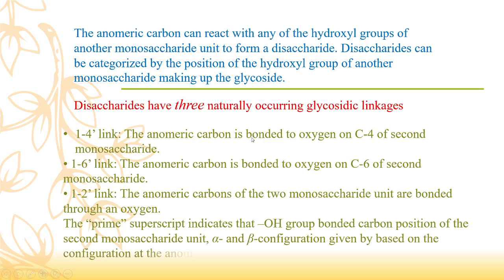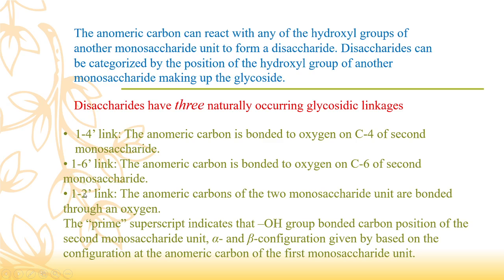That means the anomeric carbon is bonded to the oxygen of C4 of the second monosaccharide. So this is called the 1,4 linkage. When the anomeric carbon is bonded to the oxygen of C6, the C6 OH of the second monosaccharide, then the linkage is a 1,6 linkage.